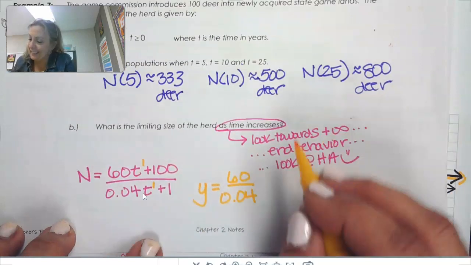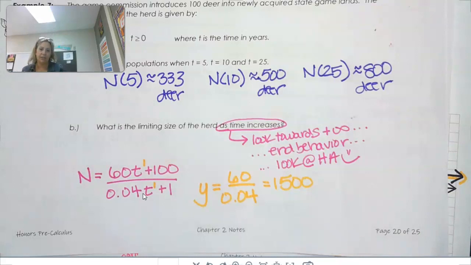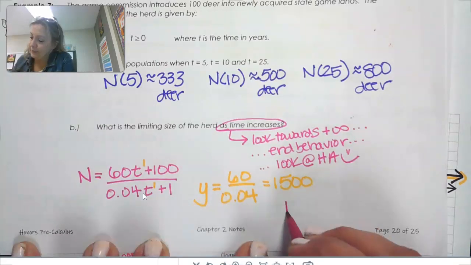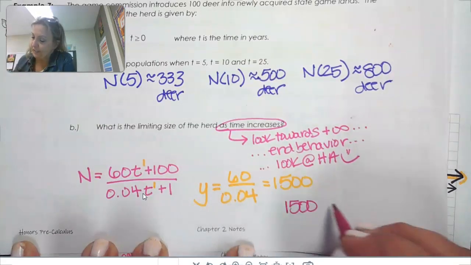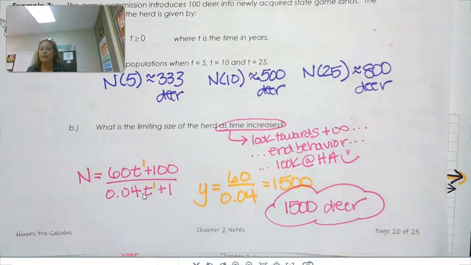When I take 60 over 0.04, I get 1,500. So if we were to graph this, that means that as we would go towards positive infinity, there'd be that asymptote at 1,500. So what would the answer to my question be? The limiting size would be about 1,500 deer. Okay. It wouldn't really cross that. That would be it.